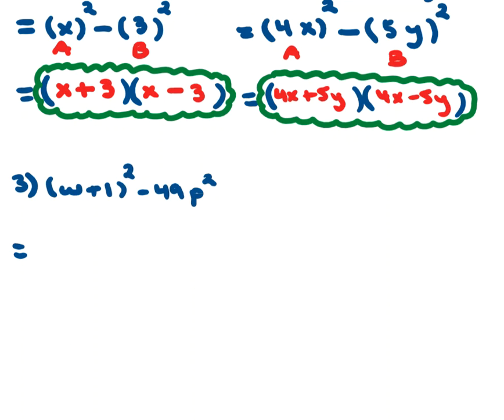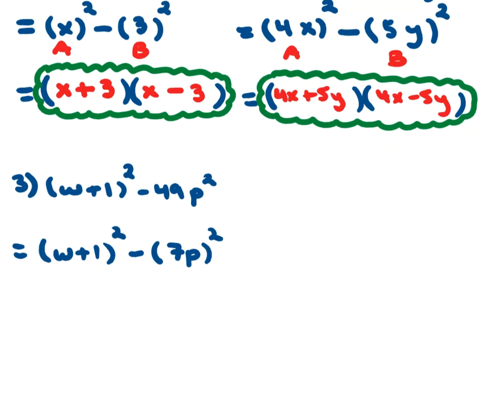W plus 1 quantity squared is already written in a desired format. Let's leave it as w plus 1 quantity squared, and you'll see that w plus 1 is actually an expression for a. 49p squared does require a little bit of rewriting, and you can rewrite it as follows: 7p quantity squared.